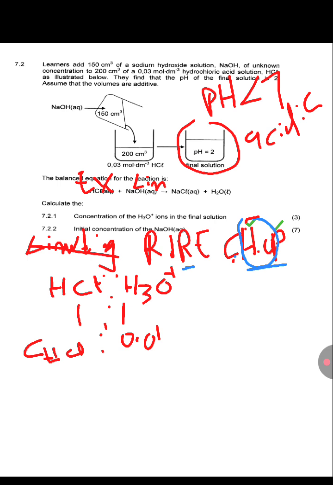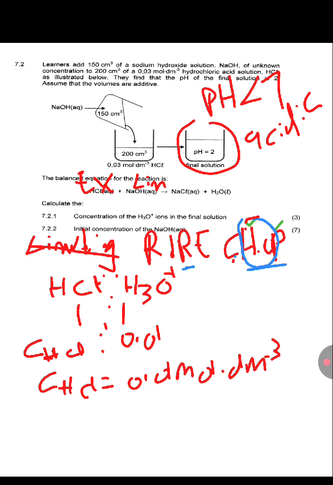If the ratio is 1:1, it means the concentration of the acid and the hydronium ion is the same, right? So therefore the concentration of the acid is equal to 0.01 mole per cubic decimeter, right?